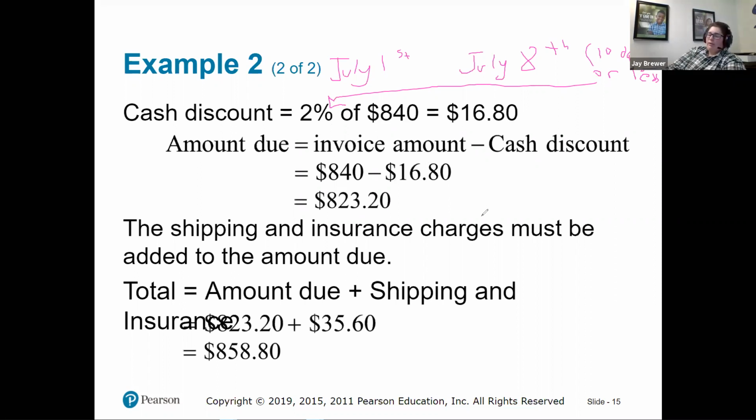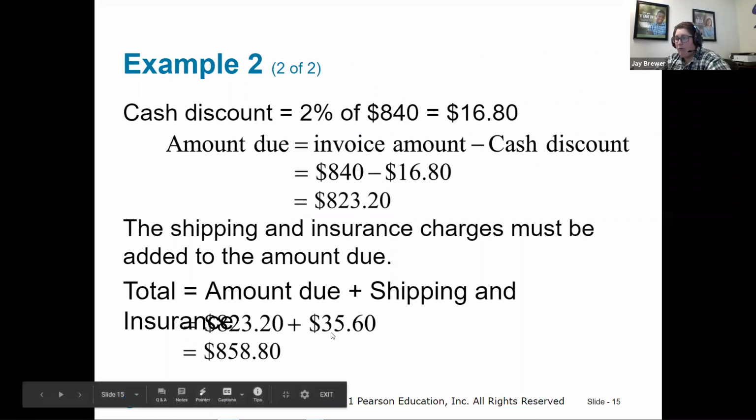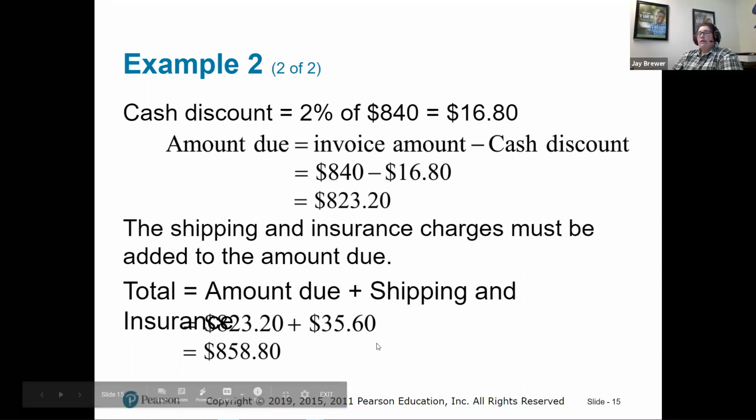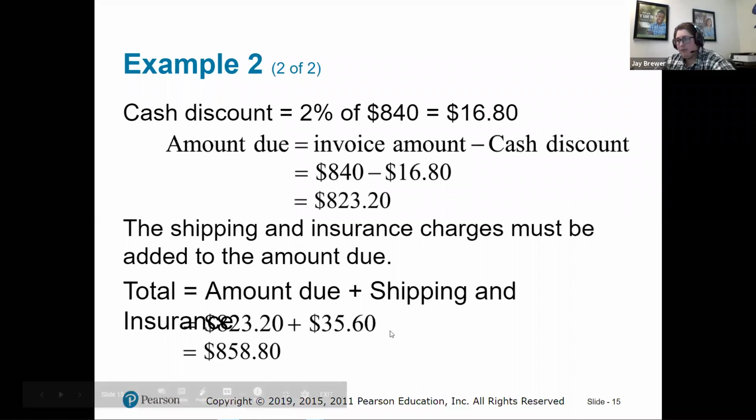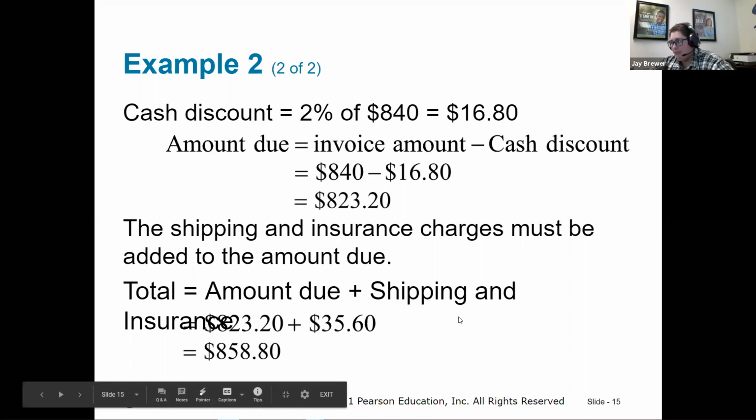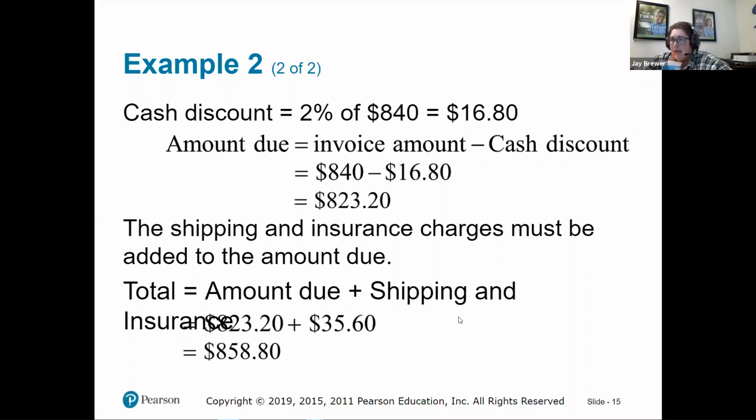And then because they are responsible for the shipping and insurance, they have to take their discounted amount and then add the 35.60. Now, typically you would have added that before and then you could take the percentage off, but that's not the case because they want all of that. Okay, that's why we're adding it separately. It does not get any kind of discount or trade amount. All right.